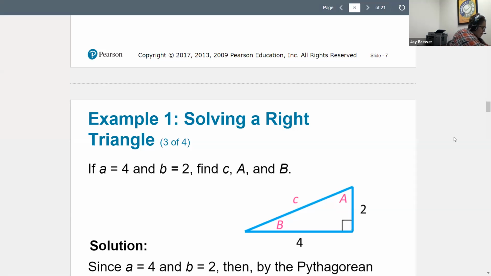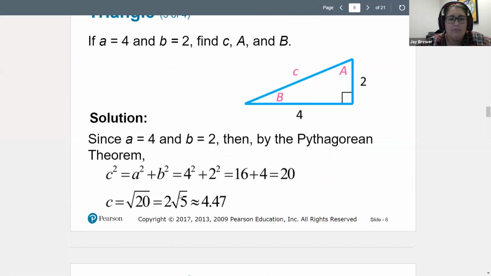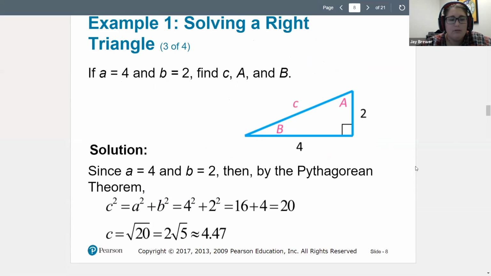The hypotenuse. The hypotenuse. Very good. So just knowing what we're given there, we're going to find it to be the square root of 20 or 2 square root of 5, or you can use the decimal of 4.47. As far as what Pearson would want, you'll just have to see, each question might be different.